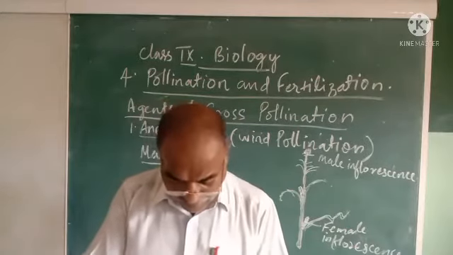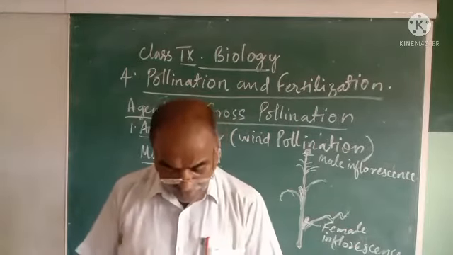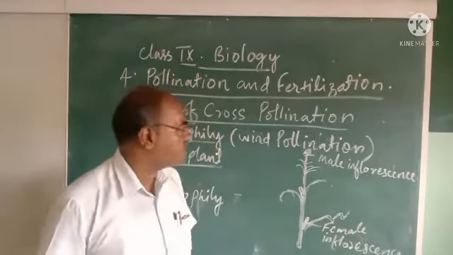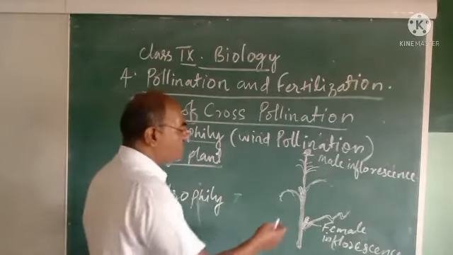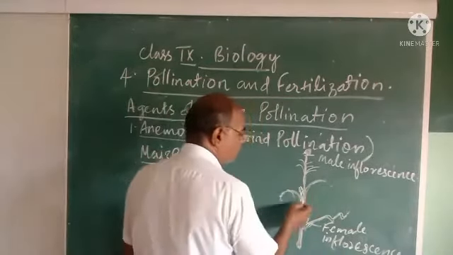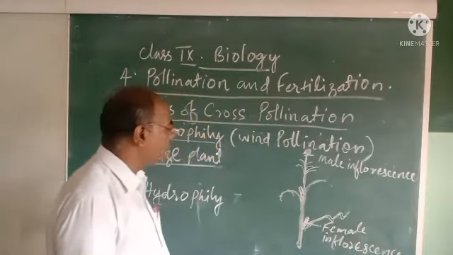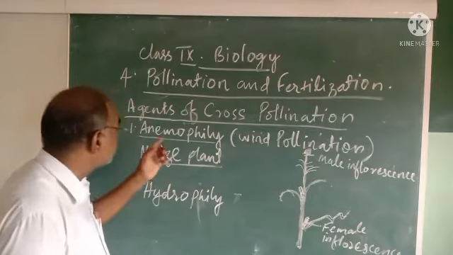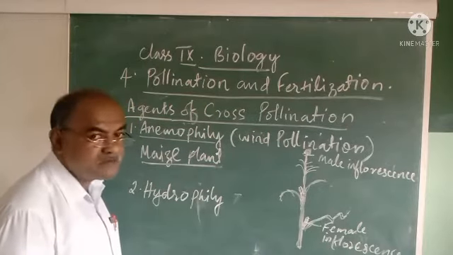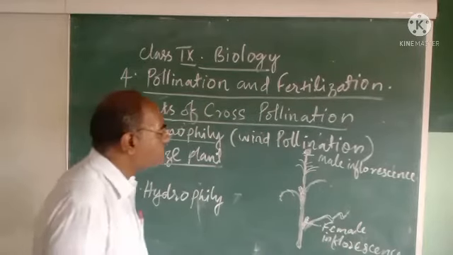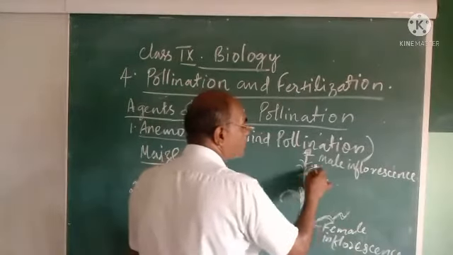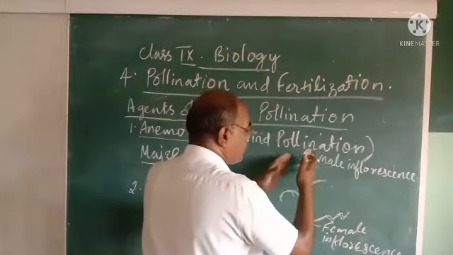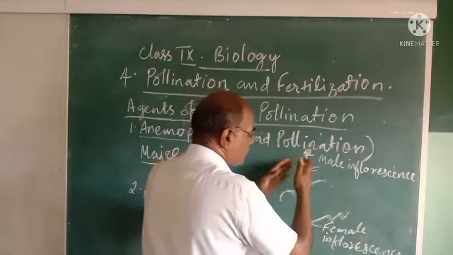Then another one: the pollen grains appear before the new leaves are formed. For example, we are going to discuss the maize plant. In maize, anemophily takes place for the pollination. The male inflorescence forms at the apex region, at the end of the growth region.